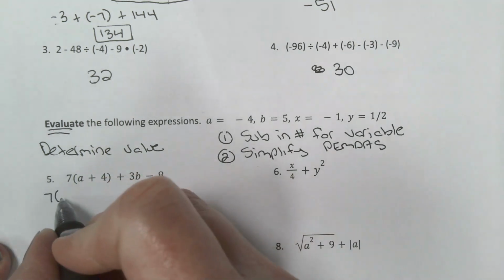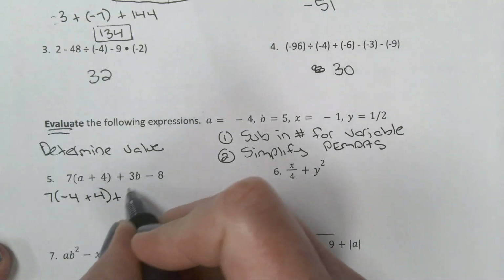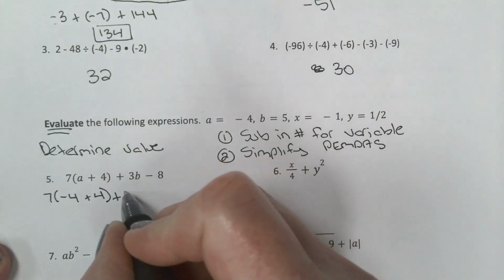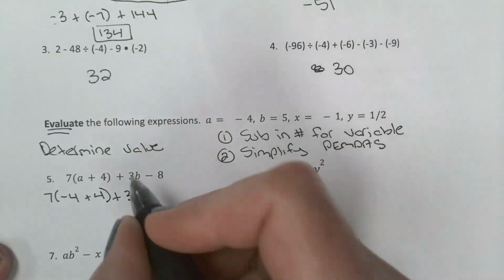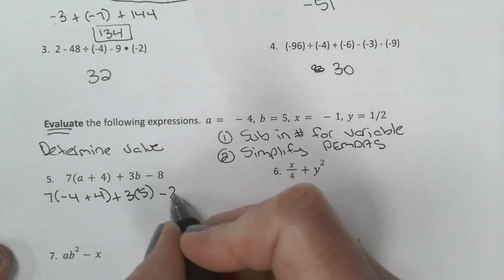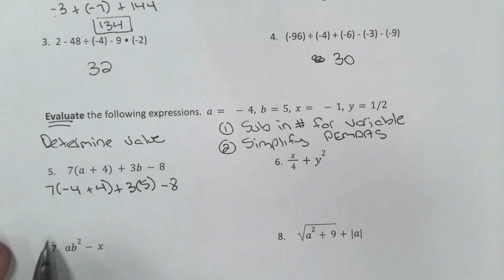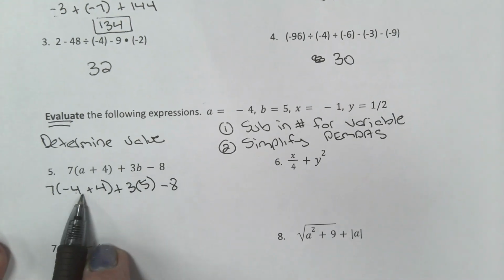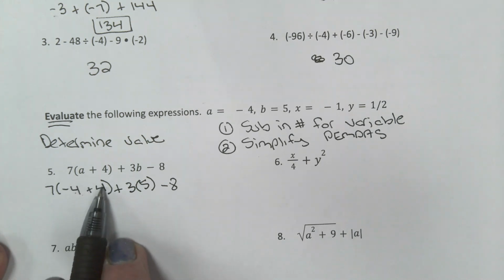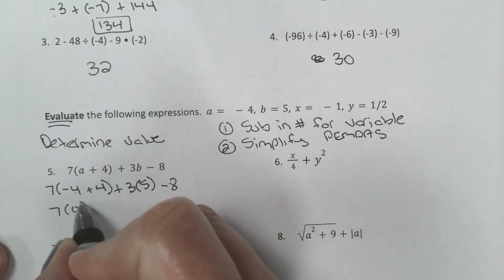All right, so A is negative 4 plus 4. 3b, that's multiplication there. I usually keep my numbers organized by using parentheses, -8. All right, so I have to do parentheses first. So -4 plus 4 is in parentheses. You have to evaluate this first, and that is 0.